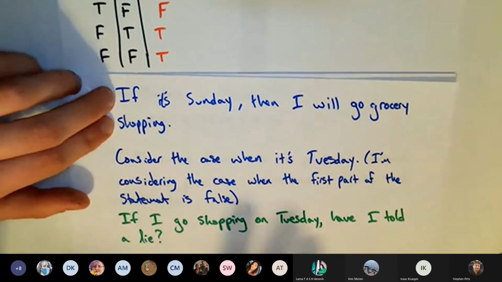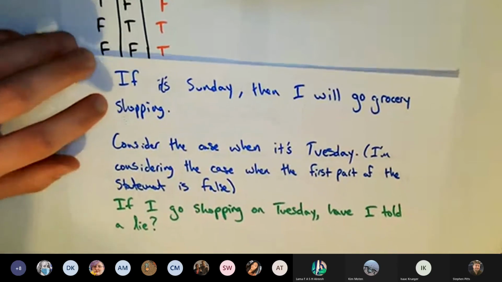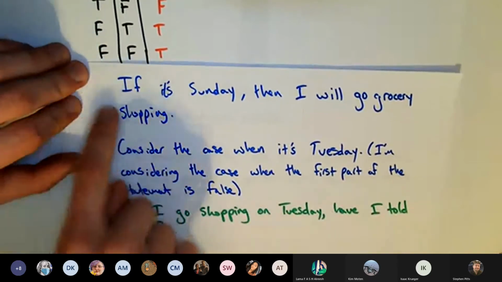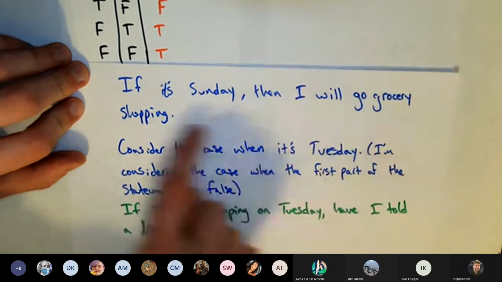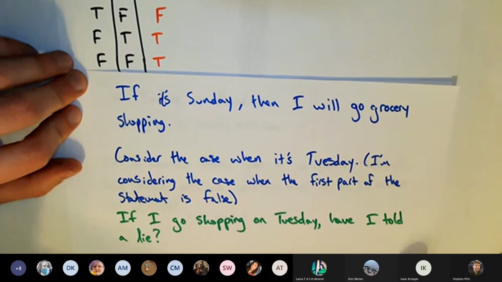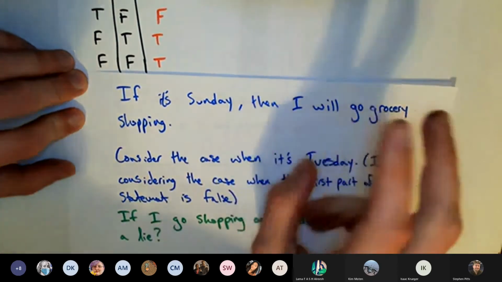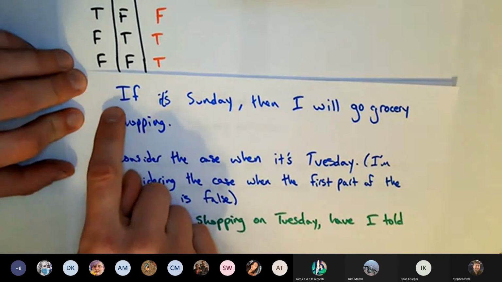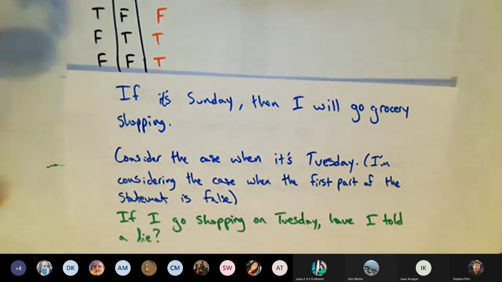This statement only applies to Sunday. So if I decide to go shopping on Tuesday, this statement is not false. If I decide to go shopping on Saturday, this statement is still not false. The only way this statement can be a lie or false is if it is Sunday, but I do not go grocery shopping. I told you it would get weird, right?